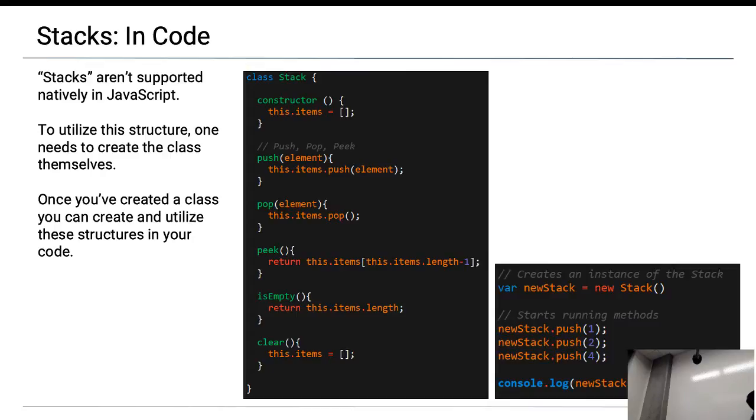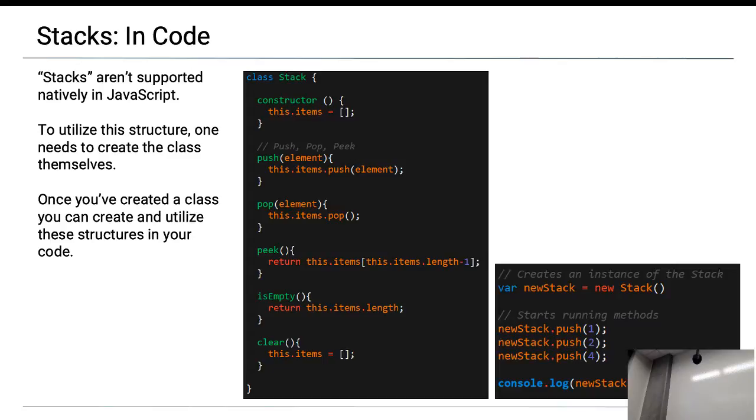Now, there is a pop method in arrays also. What does pop do? It grabs the last one. If you do a pop, it goes to the end of the array and returns the last one that was inserted.